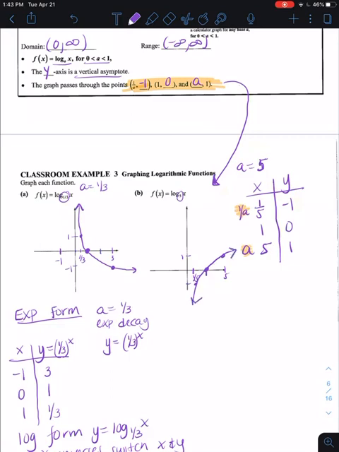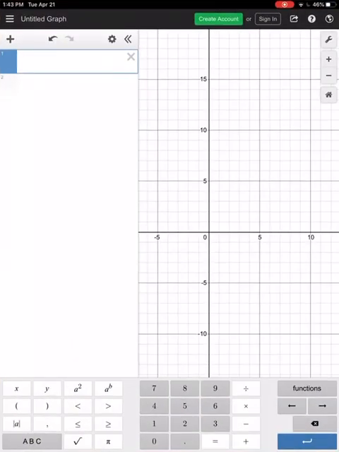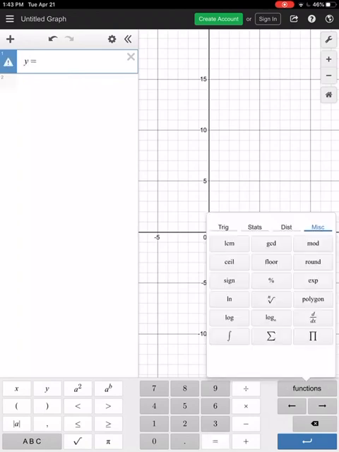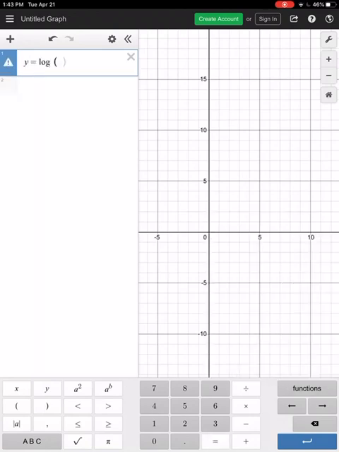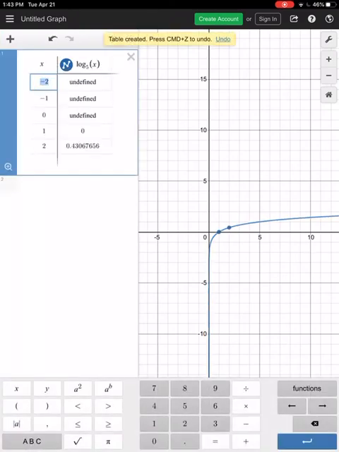All right, so I was having issues with putting a fraction as the base for the log function. So let's see how it works when I do log base 5 of x. So y equals function log base 5 of x. So there's your graph. Let's go and make this a table.